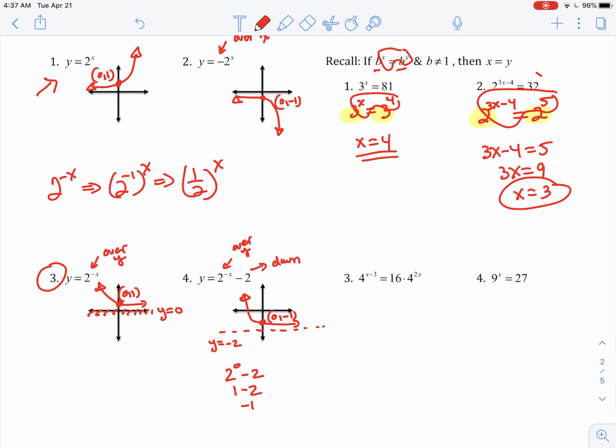On number 3, we have a number of bases of 4 involved here. The left side, we have 4 being raised to the x minus 3. Well, 16, we know is 4 squared. We have our 4 to the 2x.